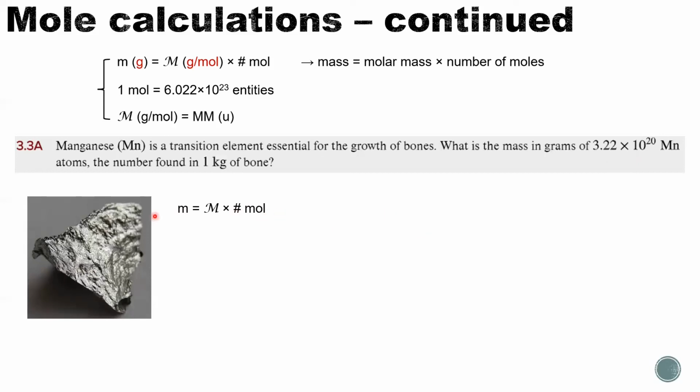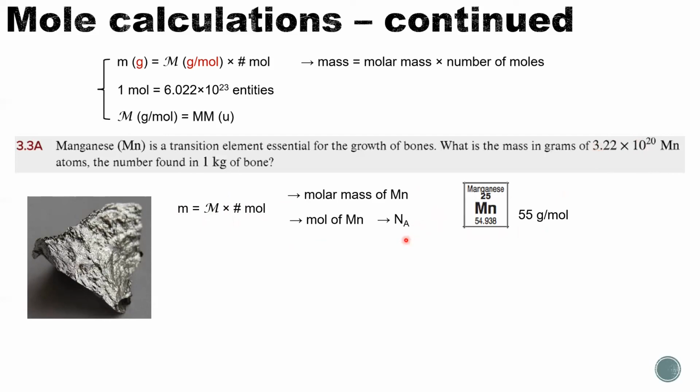Okay, from this equation, the molar mass of manganese can be found in the periodic table. Then the molar mass, we can round it off to 55 grams per mole. And the number of moles can be converted from the number of atoms here, right? Using Avogadro's number.